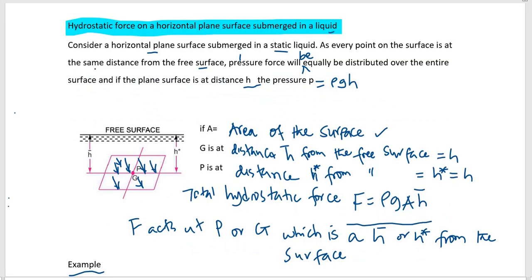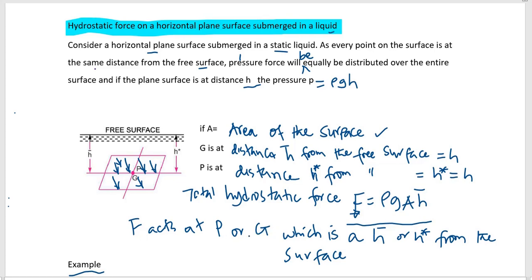The total hydrostatic force will be calculated using F equal to rho g area times h bar. F acts at P or G. P is the center of pressure and G the center of gravity.